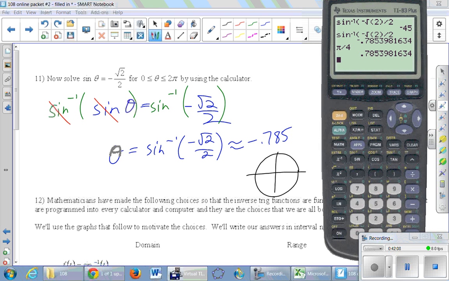Even if you don't know it's negative pi over 4, you should know that up here at the top, pi over 2 is about 1.5, and pi is about 3, and 3 pi over 2 is about 4.5, and then 2 pi is about 6. Those numbers aren't perfect, but they give me a sense that if this is only 1.5 up here, then 0.785 would only be like halfway, except it's not up there, it's actually negative. So the thing that we're looking for is in the fourth quadrant.